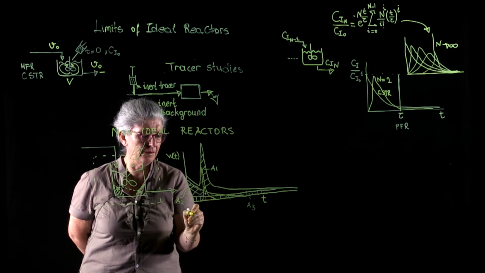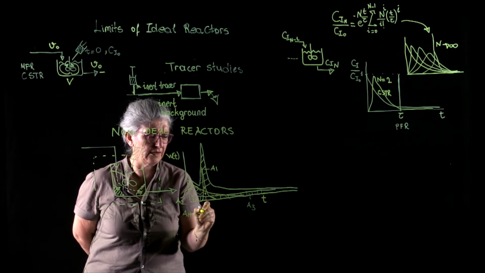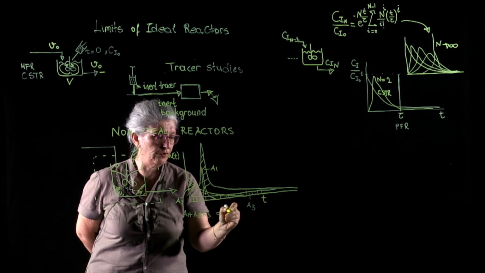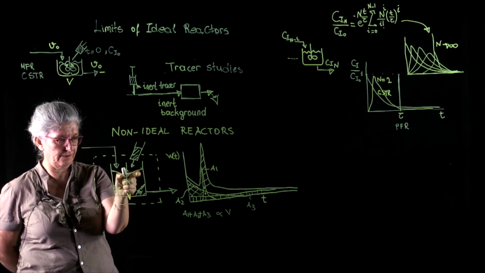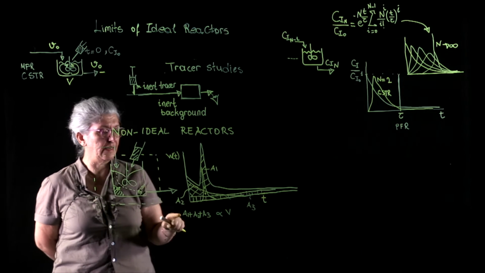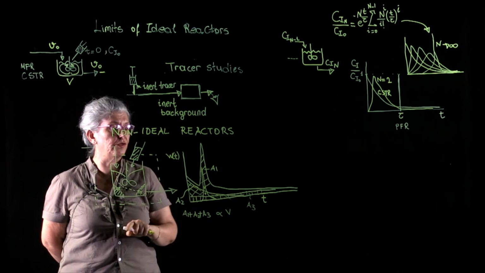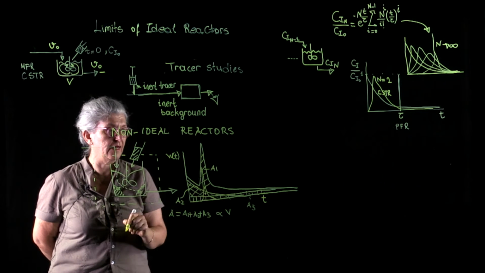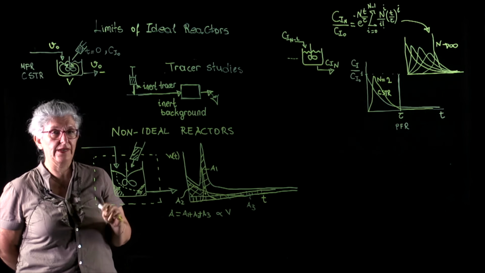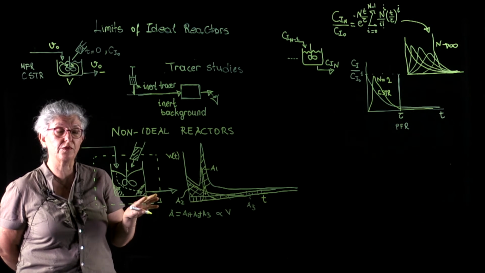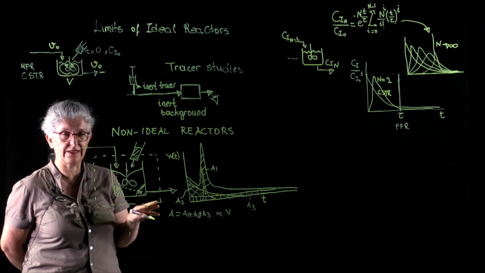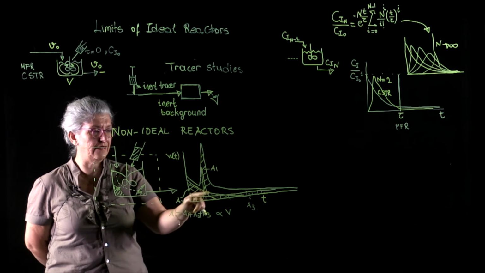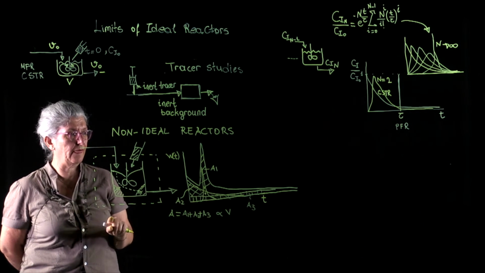A1 plus A2 plus A3 is going to be proportional to the volume of this reactor, the volume of the contents, and the relative proportions are going to be representative of the fraction of the fluid that is undergoing the changes as dictated by the residence time distributions.